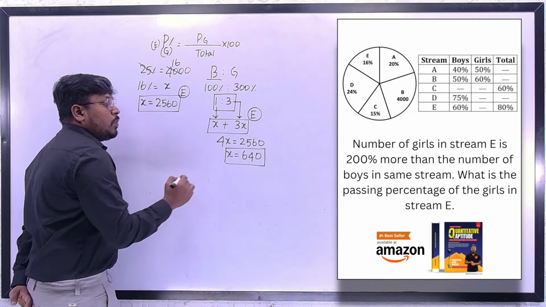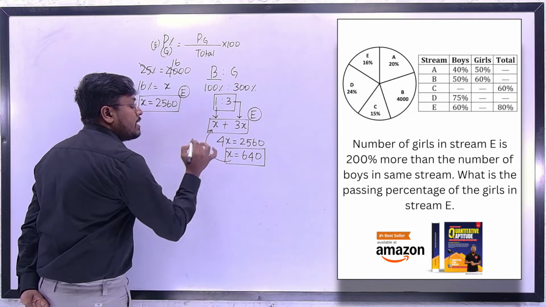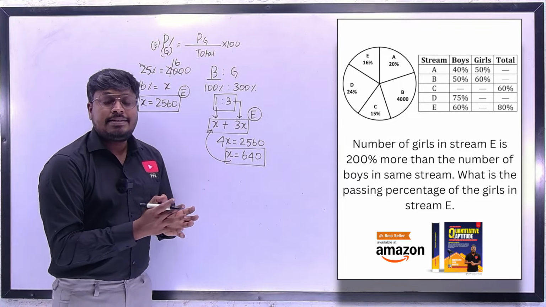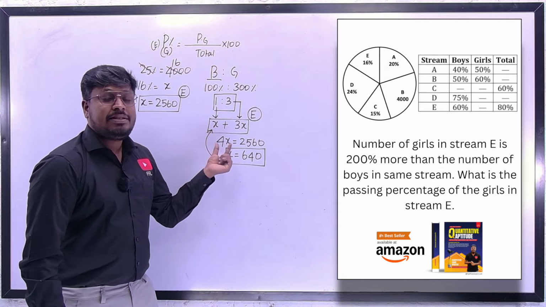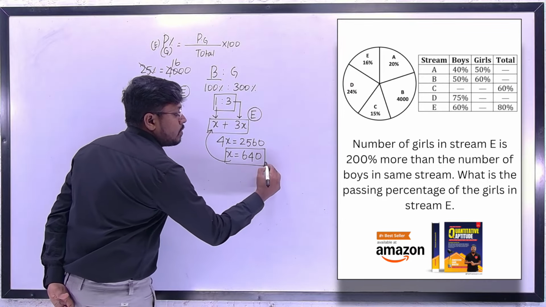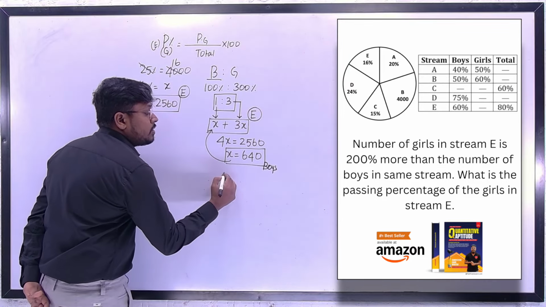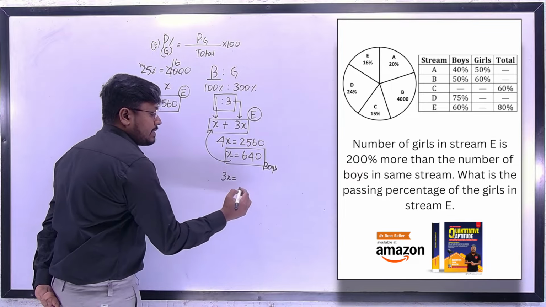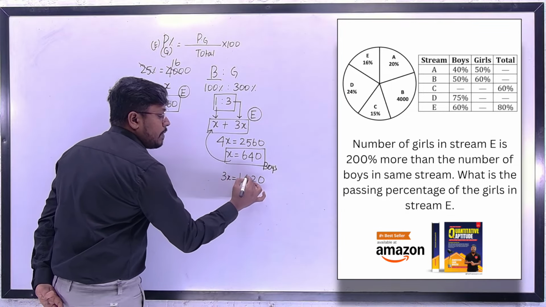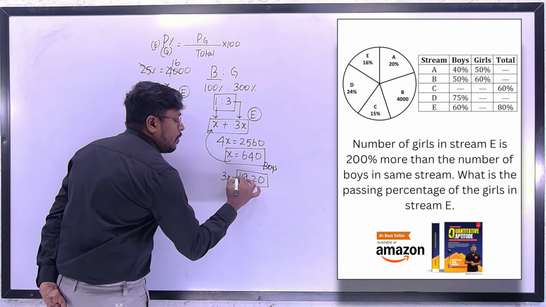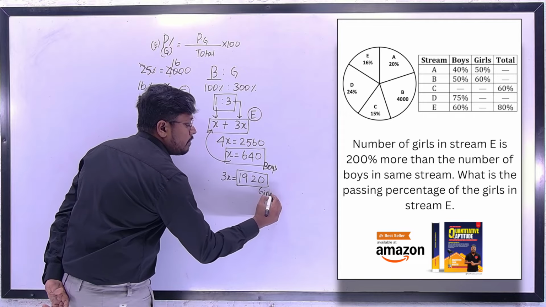So 640 is the total number of boys, because we assumed the boys and girls are in the ratio 1:3. That means one part will be boys, which is 640. And the total number of girls equals 3X. So 3 times 640 is 1920. 1920 is the total number of girls.